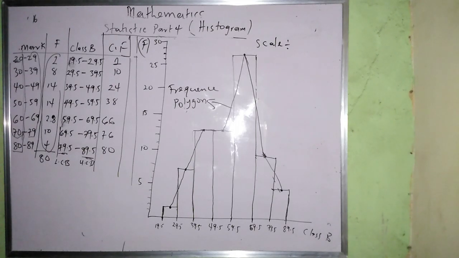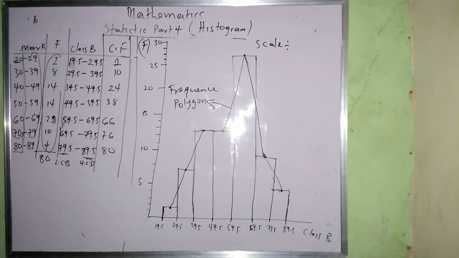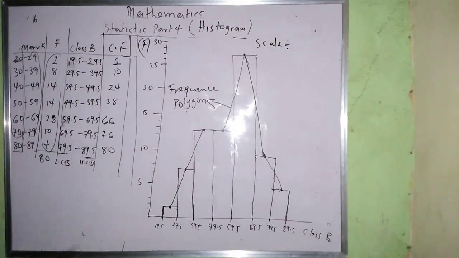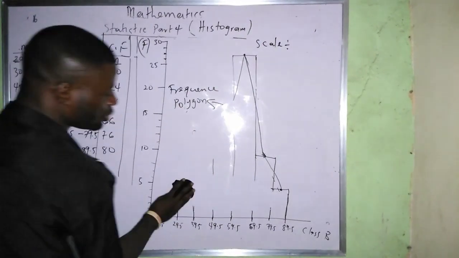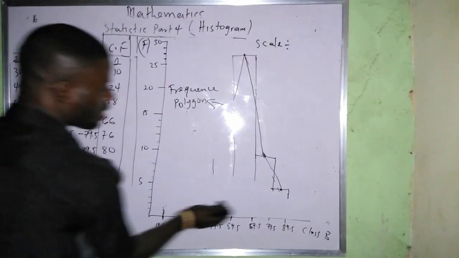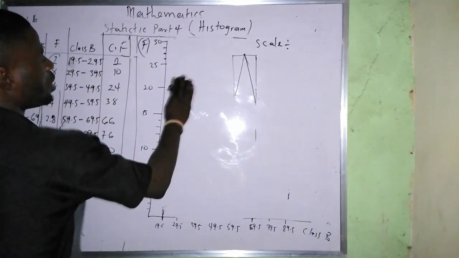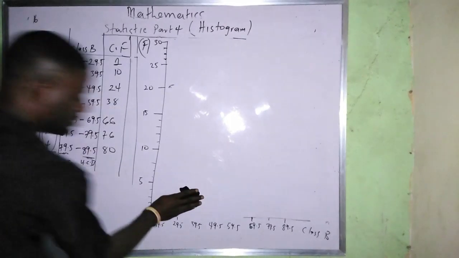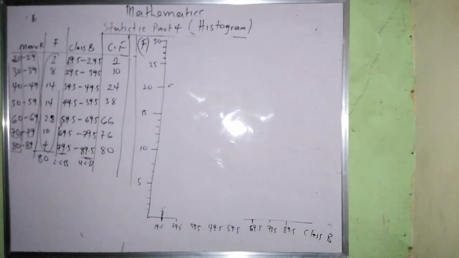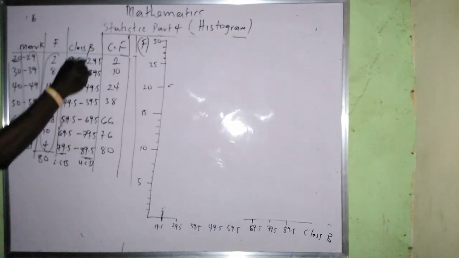Now, if I want to use this to achieve my OGIF, we achieve my OGIF by using upper class boundary.